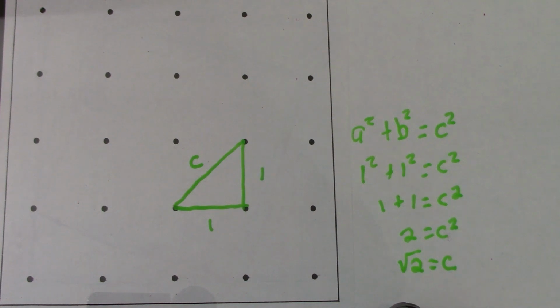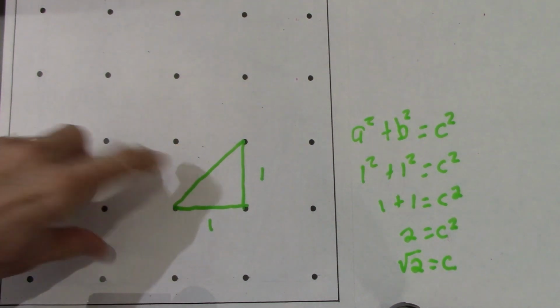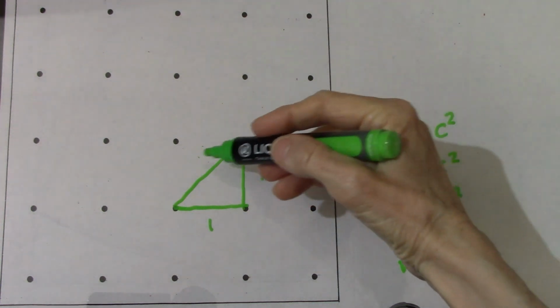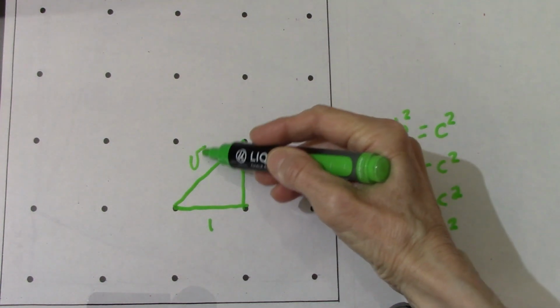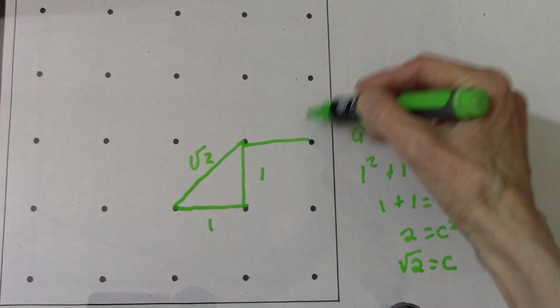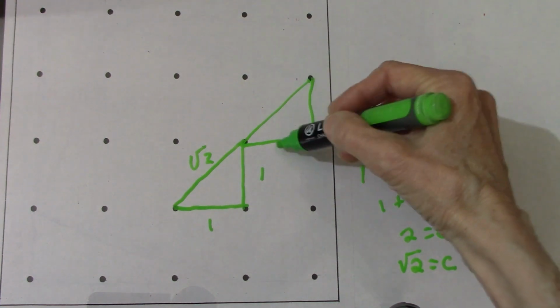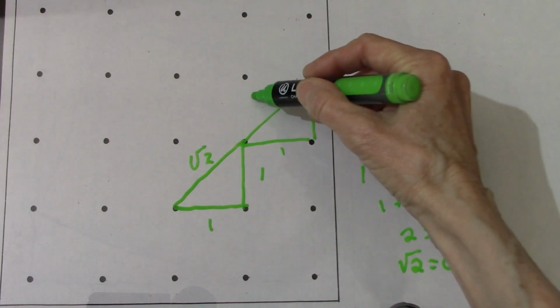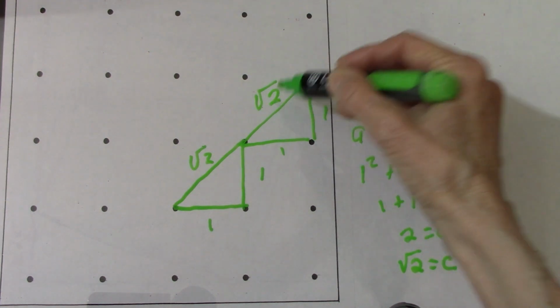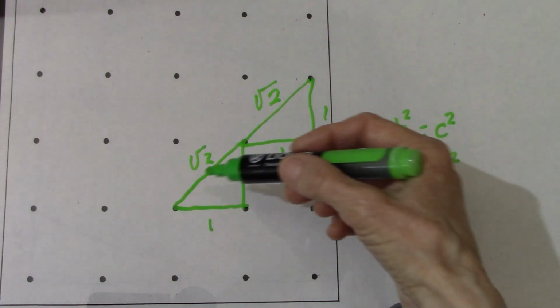But not only that, look at this side c, which now we know is the square root of 2. And if I draw another triangle right here, and this is 1, this is 1, and this is also the square root of 2, we can see that together, the way that I drew it, it forms a straight line.